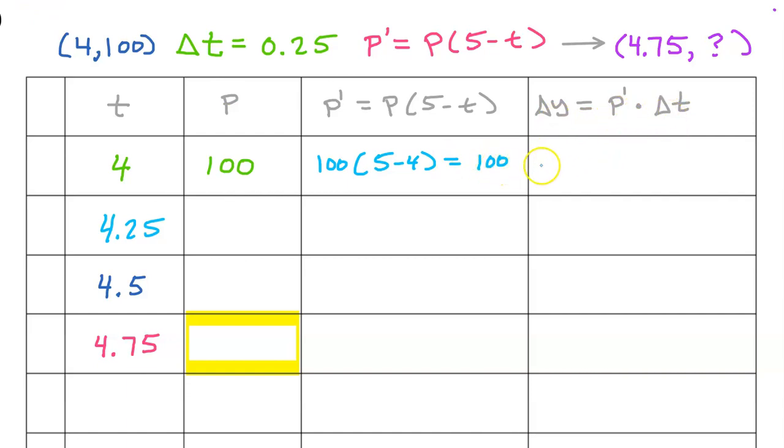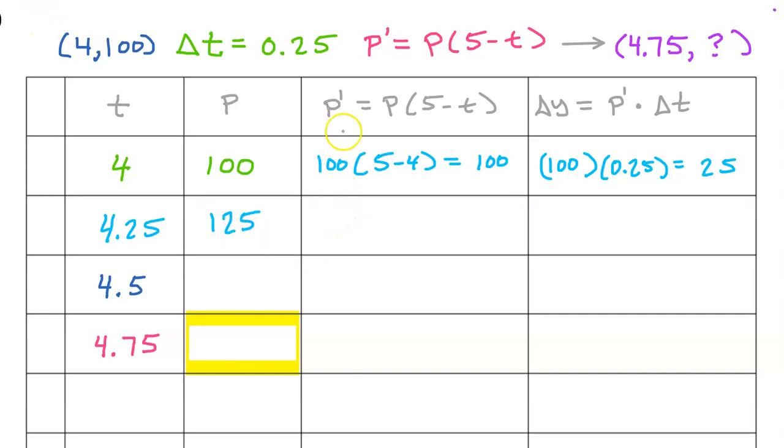P prime is 100, so we are going to multiply 100 times delta t, which is 0.25. And that is 25. We need to take this delta and add it to the first p. That will give us the next p. So 100 plus 25 is 125. So this is the next p.